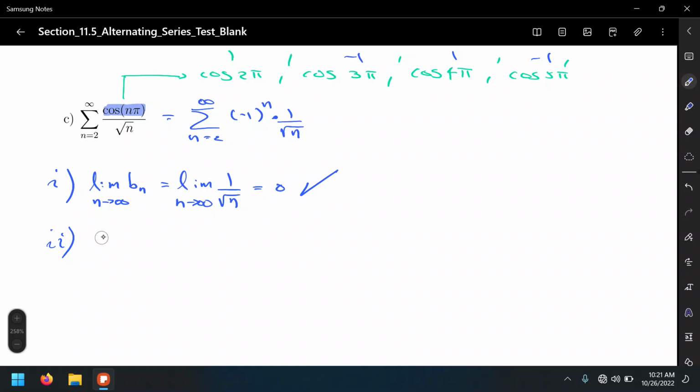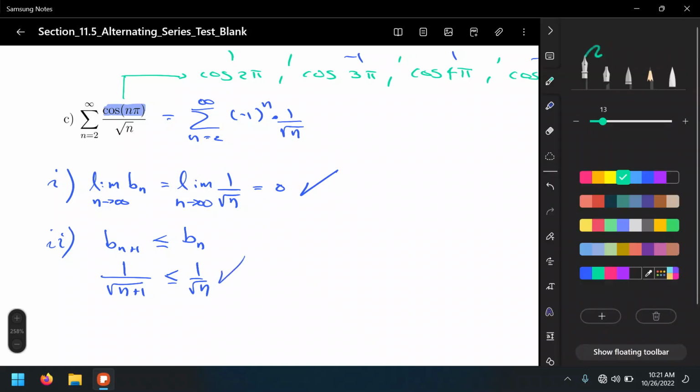Is b sub n plus 1 less than or equal to b sub n? So this inequality is true. So both conditions are satisfied, and the series converges by the alternating series test.